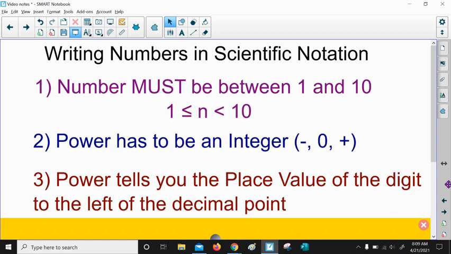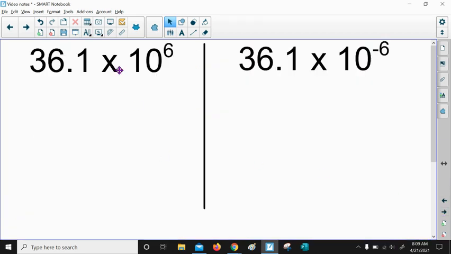Let's look at some examples. So in our first example, we are going to put 36.1 times 10 to the 6th power into scientific notation. To do that, we have to move the decimal point one time to the left.